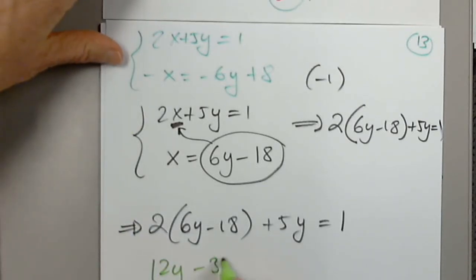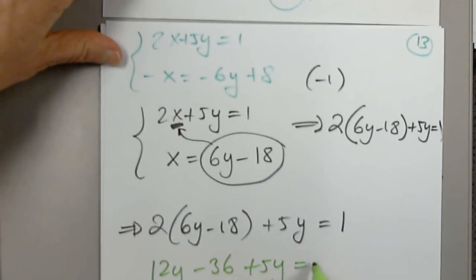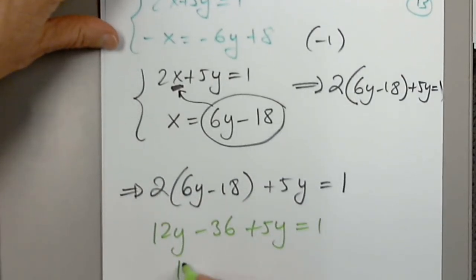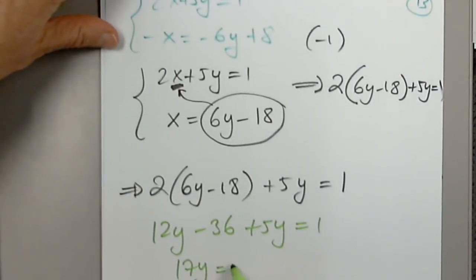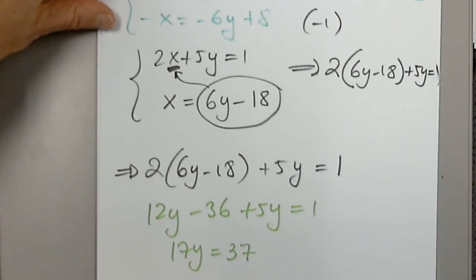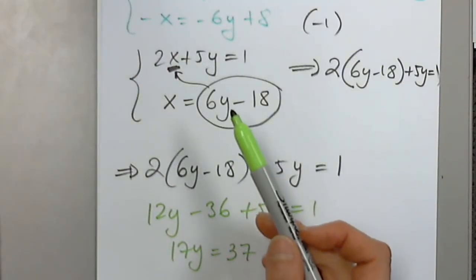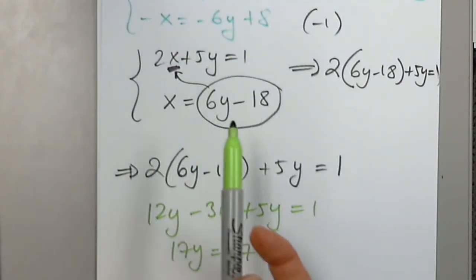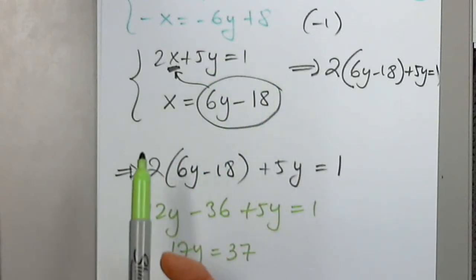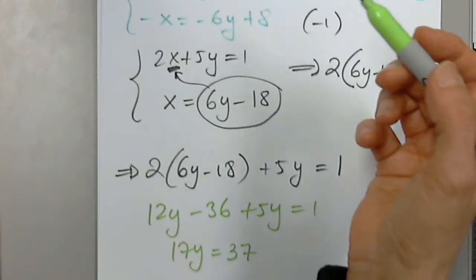So 12y minus 36 plus 5y equals 1. 17y equals 37. 2x, 5y. Did I copy everything correctly? Oh, yeah. Sorry.